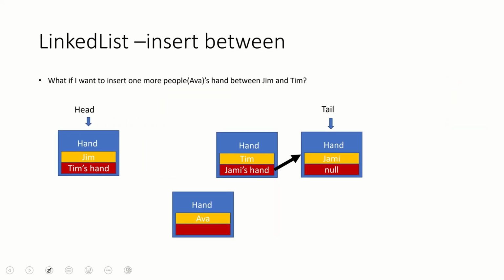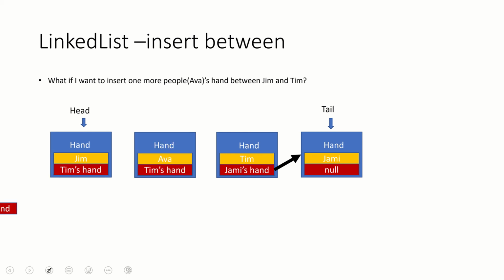So there's another example where we talk about how to insert in between, right? In the between case, we know the new one is Eva. Since we want to insert Eva's hand between Jim and Tim, Jim's next hand has to change to Eva's hand, right?